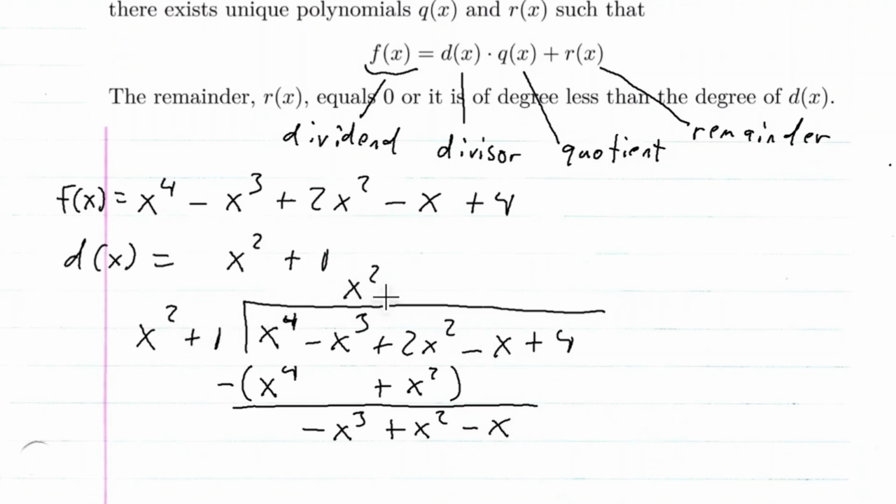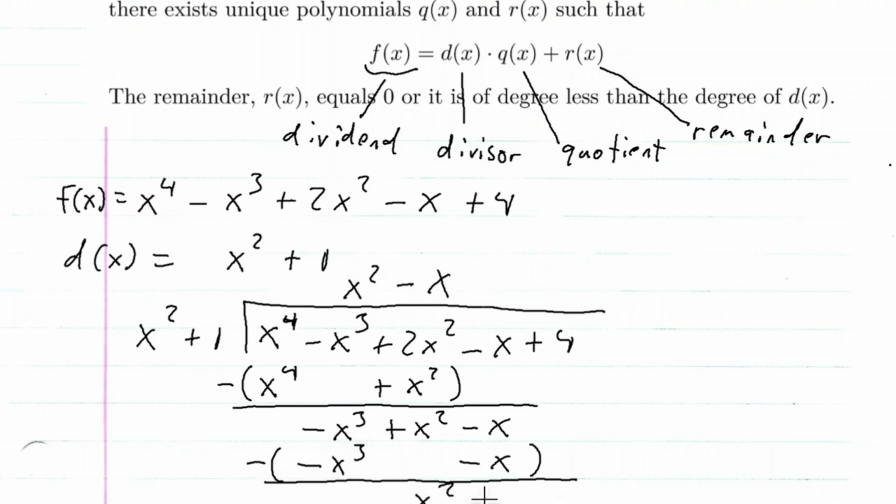Okay, so now we can subtract x, right? Because negative x times x squared is negative x cubed, which is what we need. So we're going to get negative x here, and negative x cubed here. And then negative x cubed minus negative x cubed will just be 0.